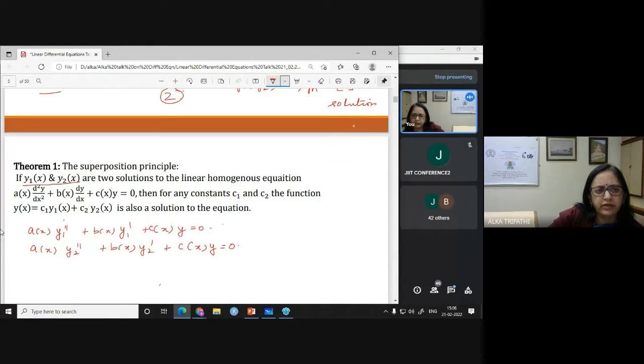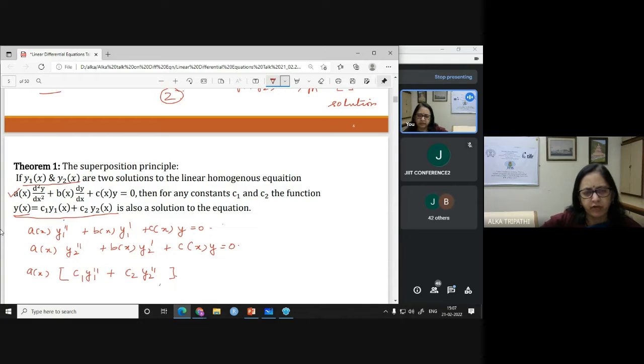Now we have to prove that this y(x) is a solution of the equation. Let us substitute this value in our differential equation. Differentiating y once, differentiating y again, you will get something of this form.